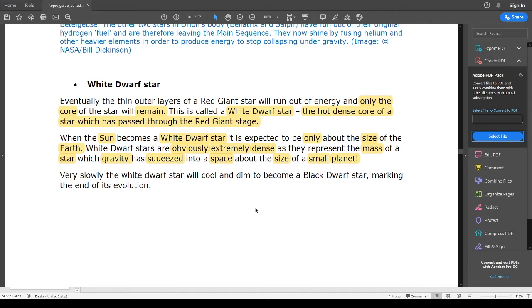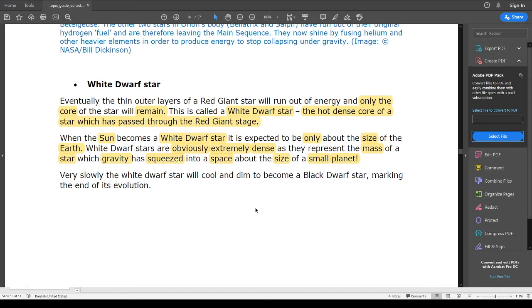White dwarf stars are actually, I was about to say the most dense, but then I realized something. We are going to talk about neutron stars today as well. So no, not yet, not so fast. White dwarf stars are one of the most dense objects in the universe. One of the most dense objects, okay?